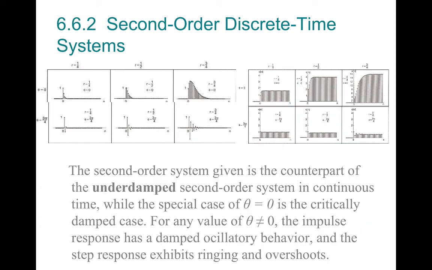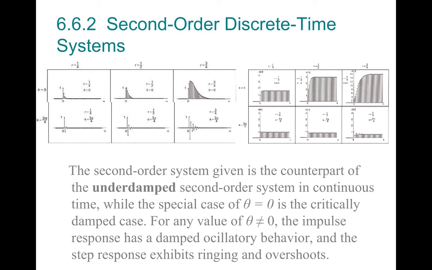We could take the case when theta equals 0 and when theta is not equal to 0. You can see that they are actually the counterpart of underdamped second order systems in continuous time, which we talked about before in this chapter.